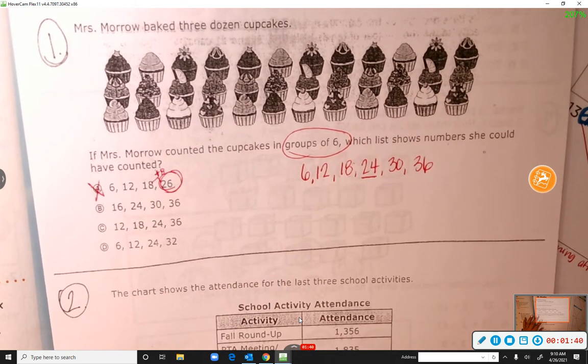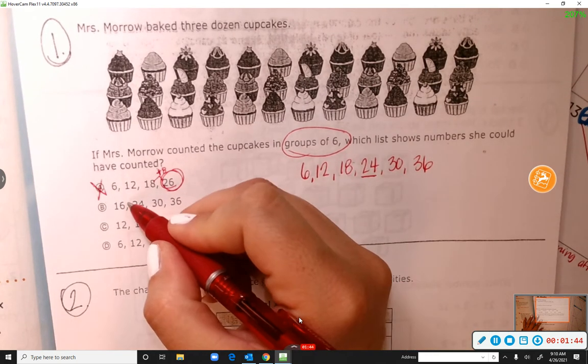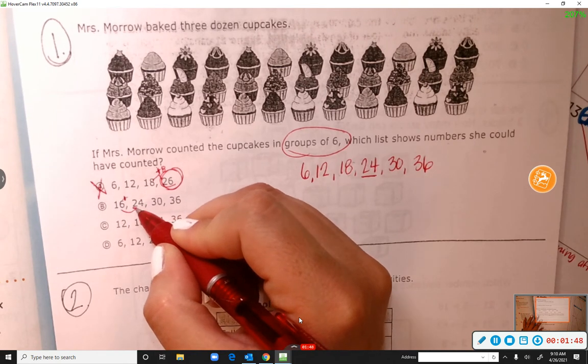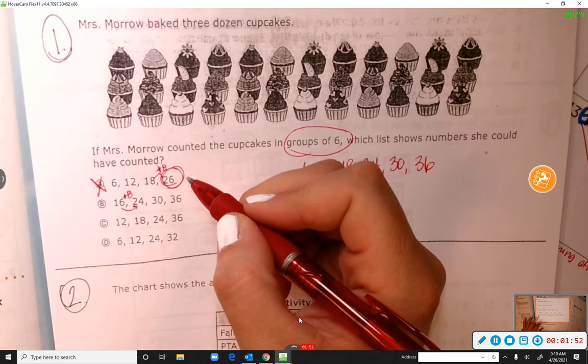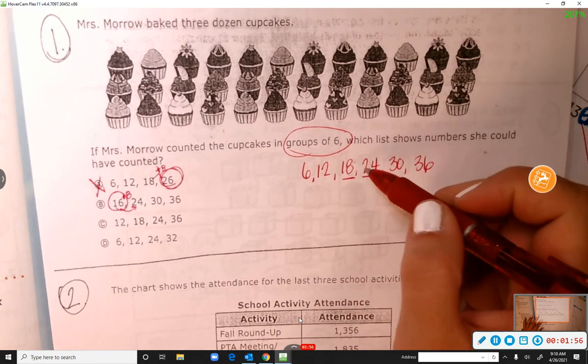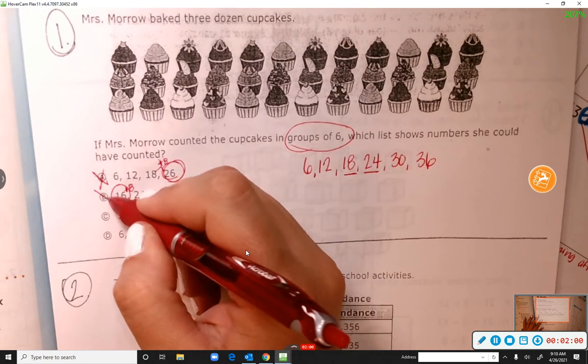It has 16. Even if we're just seeing if it skips by 6, if I go from 16 to 24, it's adding 8. And 16 is not a multiple. 18 is. So B was incorrect.